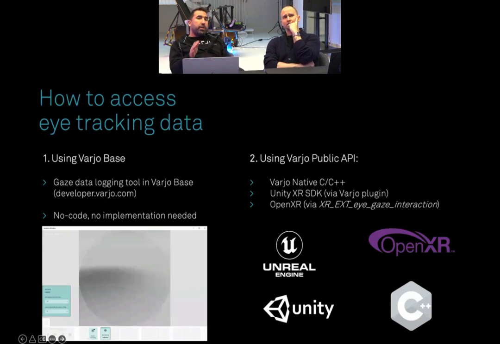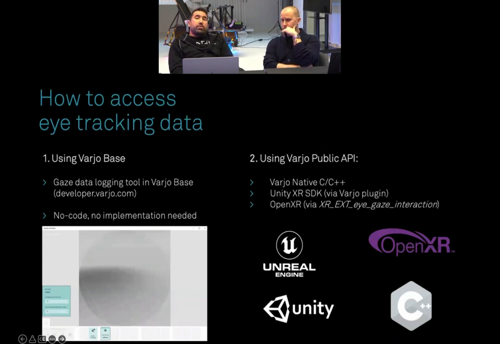You get Varjo Base with the Varjo headset, and you open the analytics window, which we will soon see a video of, and you just use it out of the box with any VR or XR application that runs through the Varjo headset. This could be, for example, an OpenVR application that's on Steam, or an OpenVR application that you have developed, and it's running through the Varjo headset, and you would be able to get the gaze analytics or gaze data from the application.